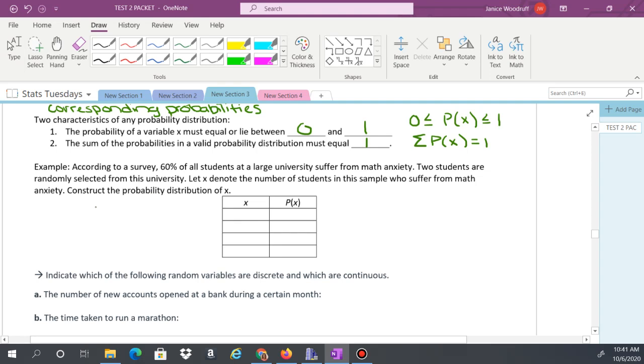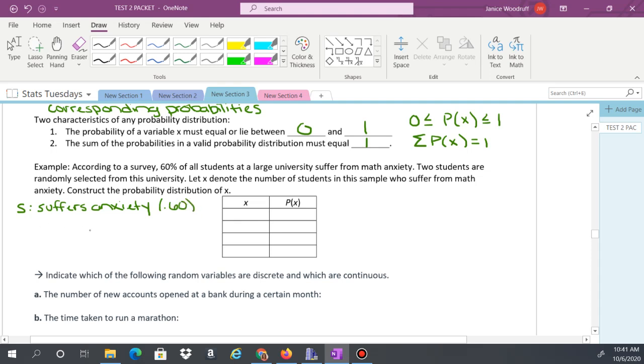So what we're going to do here is create a tree diagram and then we'll fill this out. We're going to let S be those who do suffer. So S will be suffers from math anxiety, and that is 60%.